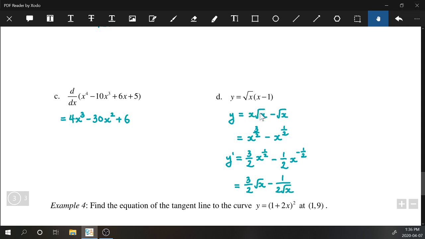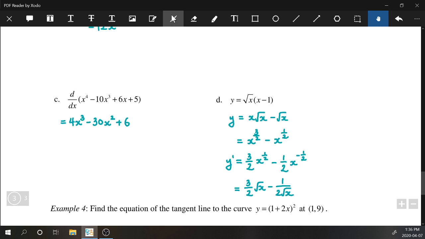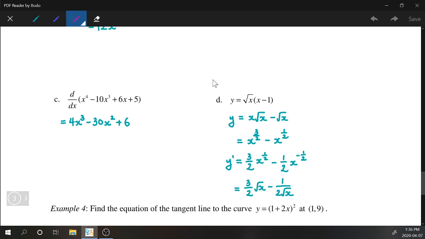So this is a combination of the first rule for when we take the derivative of a single term, a monomial, right? So if you have x to the n, then its derivative would be n x to the n minus 1.